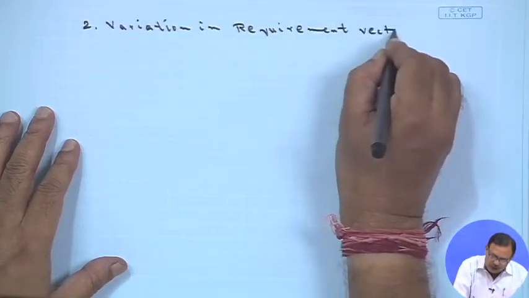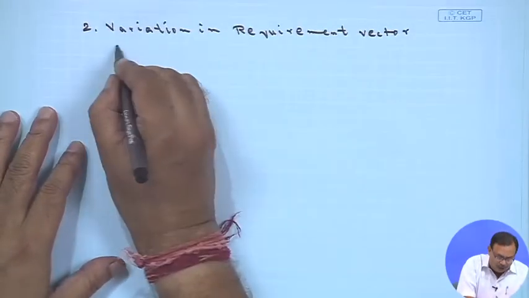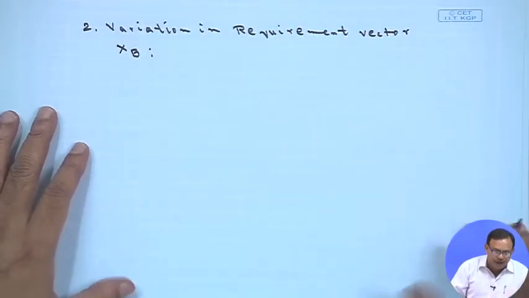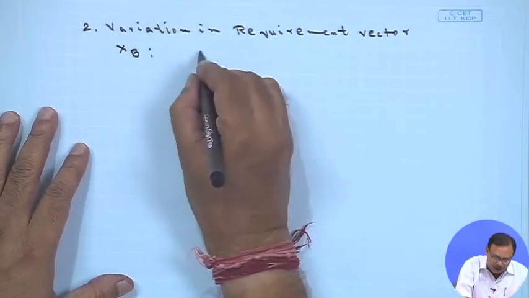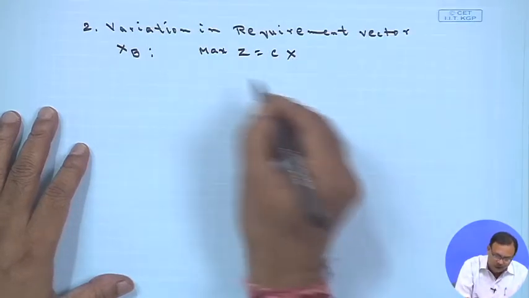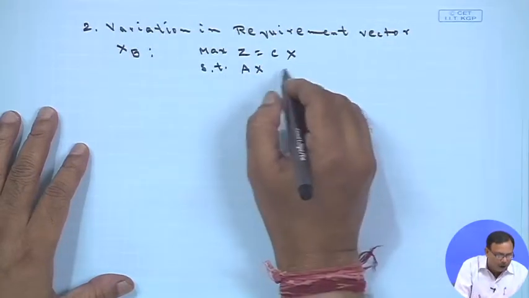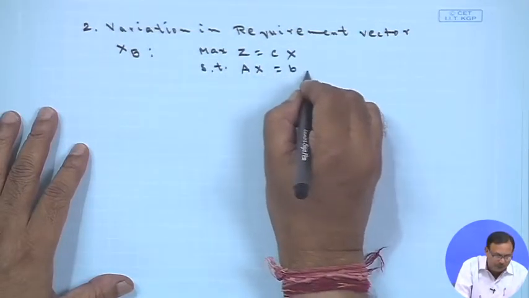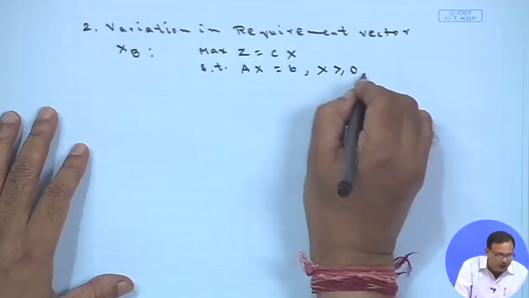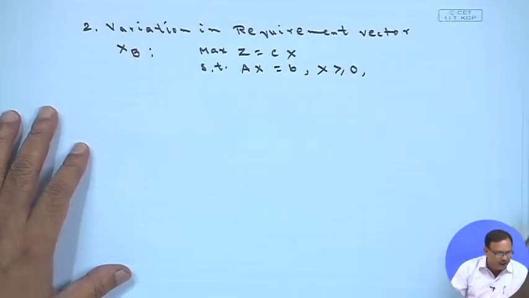Whenever you talk about variation in the requirement vector, suppose xB is the optimal basic feasible solution of the problem: maximize z equals cx subject to Ax equals b, x greater than or equal to 0, and as usual A is an m cross n matrix.